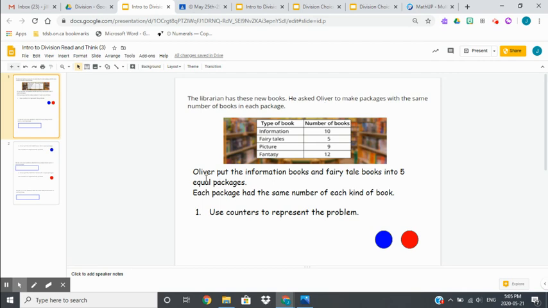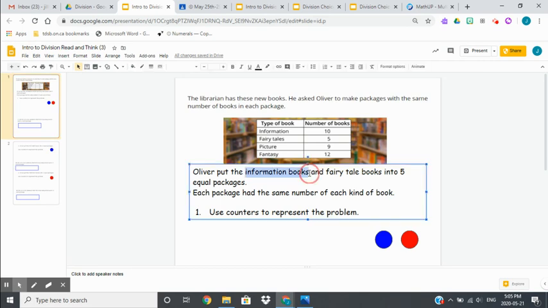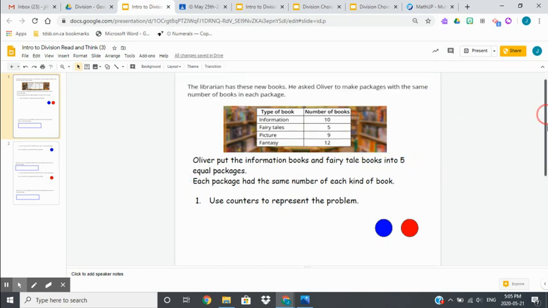Oliver put the information books and the fairy tale books into 5 equal packages. Each package had the same number of each kind of book. So we're going to have to split them up equally. We're looking at information books and fairy tale books, and we have to put those books into 5 equal packages. All right, I think I've got it.